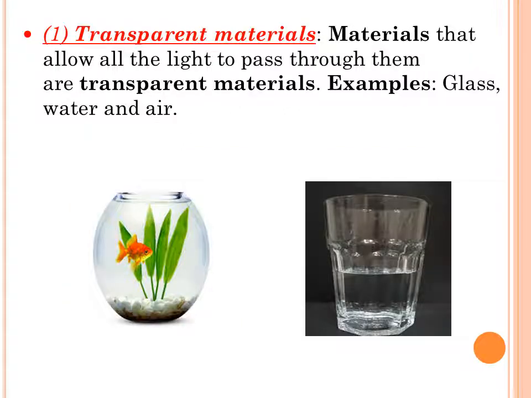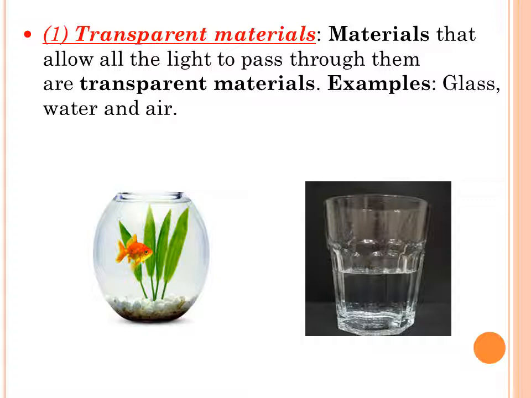So what do we mean by transparent materials? Materials that allow all the light to pass through them are called transparent materials. That means those materials which allow light to pass through them easily, so we can see the object on the other side of that material.